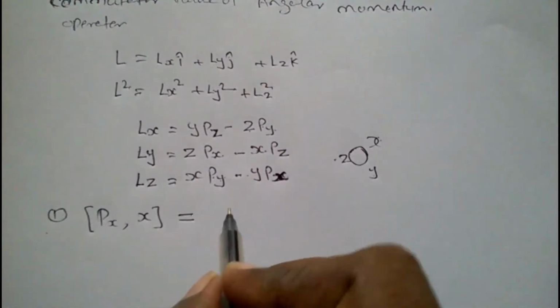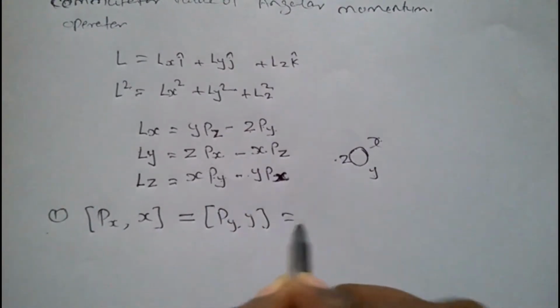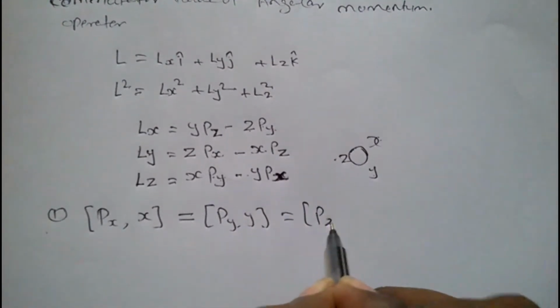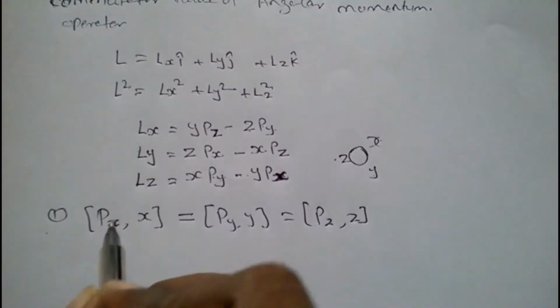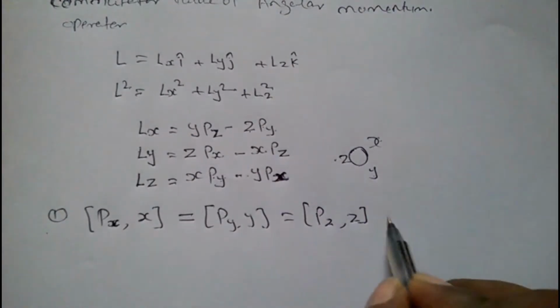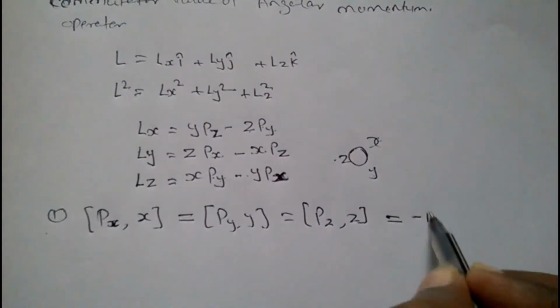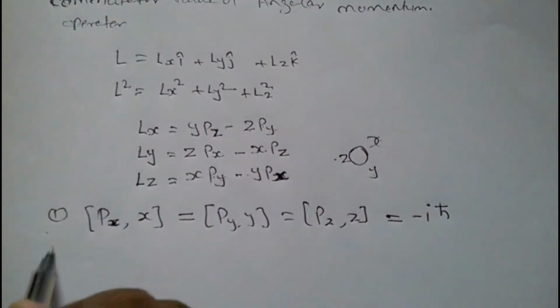operator, we have the commutator of y, py equal to z, pz, equal to x, px, which means linear momentum with the x axis and position with the x axis, the same axis, where we have the value minus i h cross.